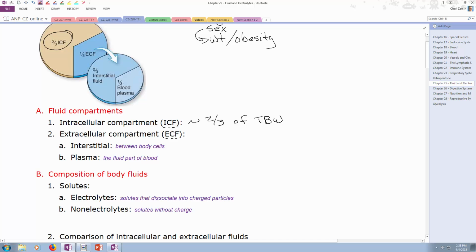Extracellular compartment, therefore, only has about 1/3 of our total body water, and it is going to be divided into the interstitial space and the plasma. And approximately 2/3 of the extracellular fluid is actually in the interstitial space.